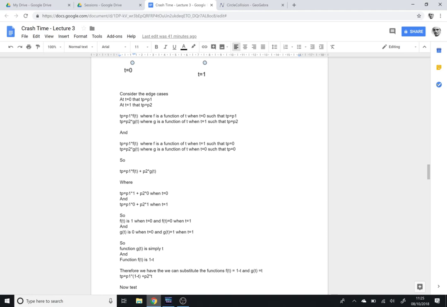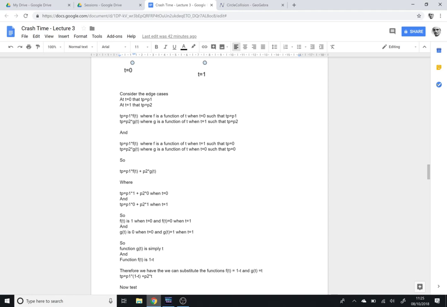So we've got f(t), which is this bit, is 1 when t is 0 and f(t) is 0 when t equals 1. And g(t) is 0 when t is 0, and g(t) is 1 when t is 1. So this looks really easy. That gives us our answer right there.